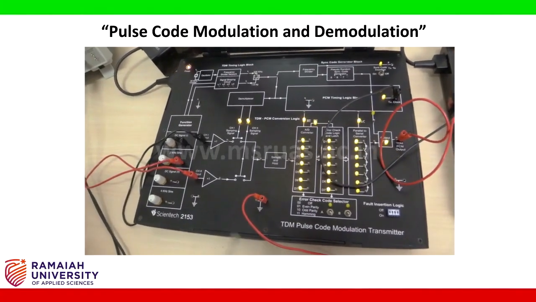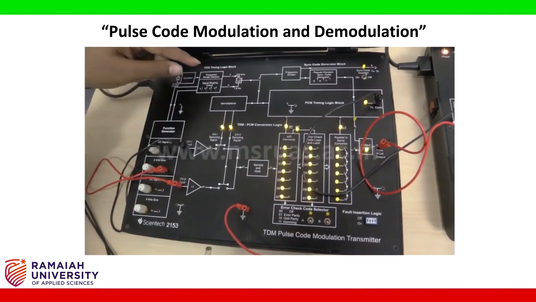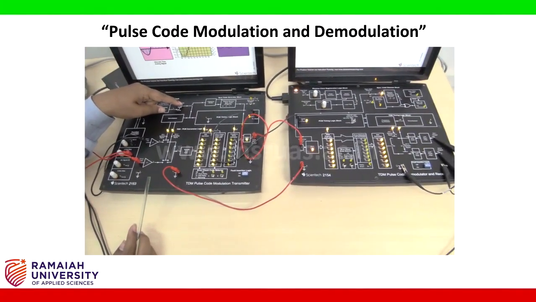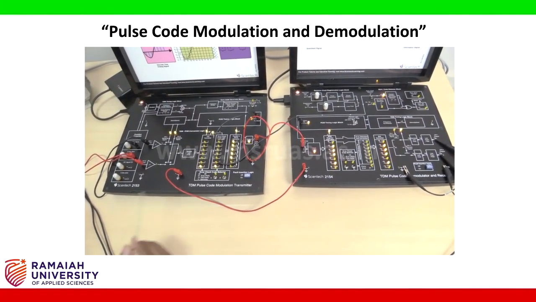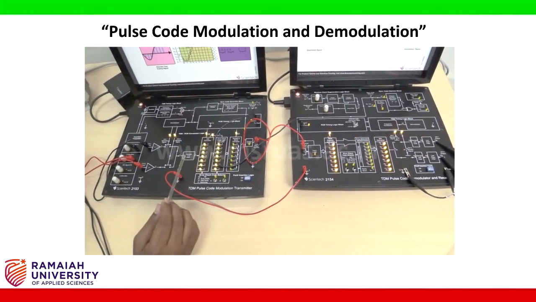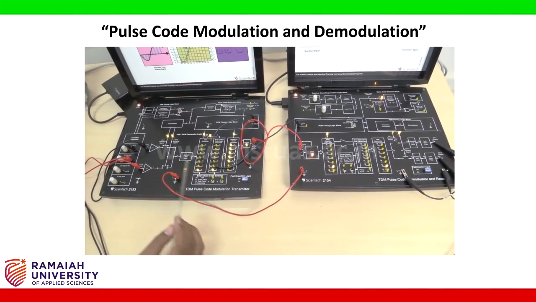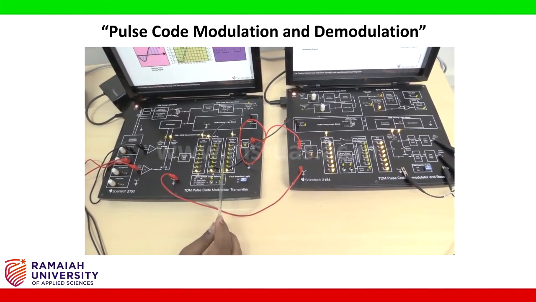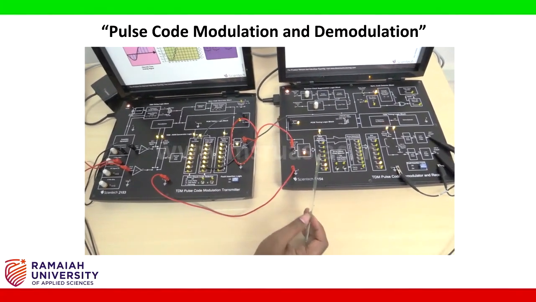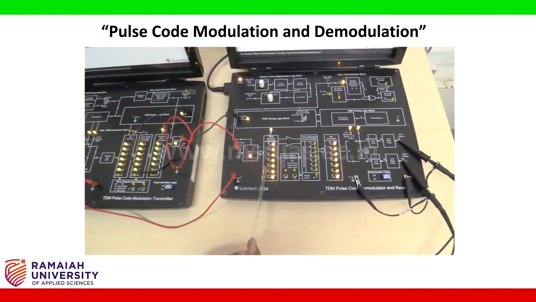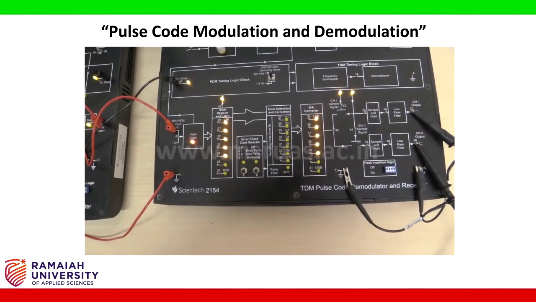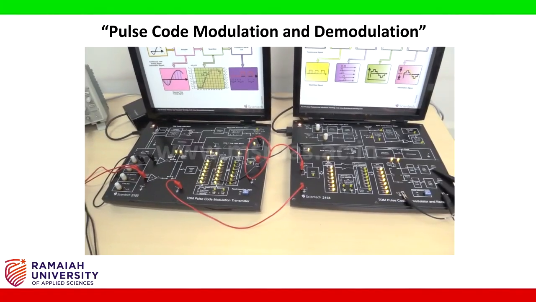But if I reduce the sampling frequency of the pulses from 320 kilohertz to 1.9 hertz, I can see the on and off states of the LED, so its operation can be observed, like the analog to digital conversion operation as well as the serial to parallel conversion operation. On this board, it is the serial to parallel conversion as well as the digital to analog conversion. This completes the experiment.